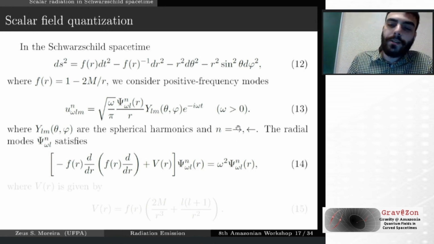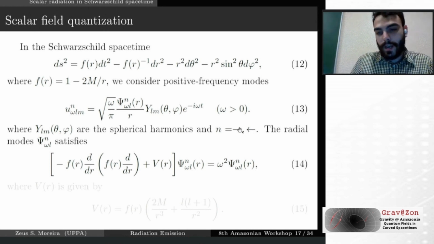The right arrow is associated with radial modes that come from the horizon, whereas the left arrow is associated with modes that come from infinity. It's what Rafael in his presentation called the up modes and the in modes respectively, but it's just a different notation.